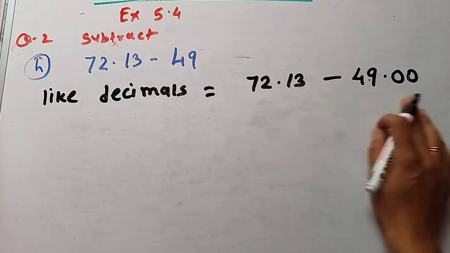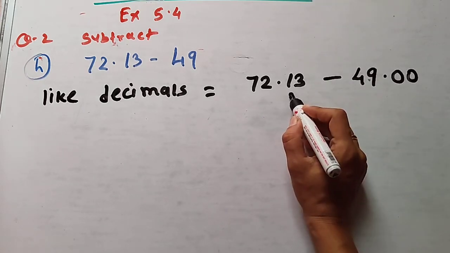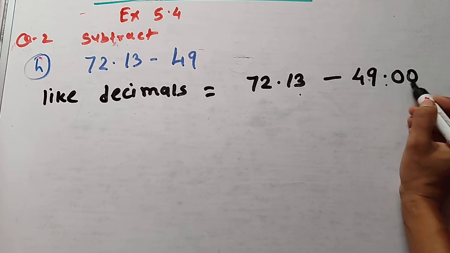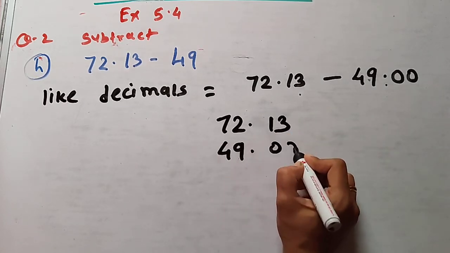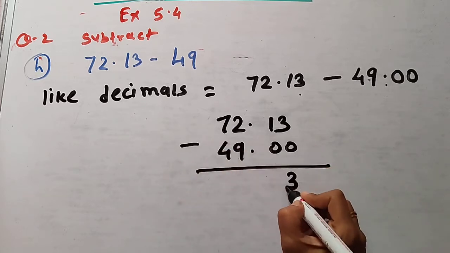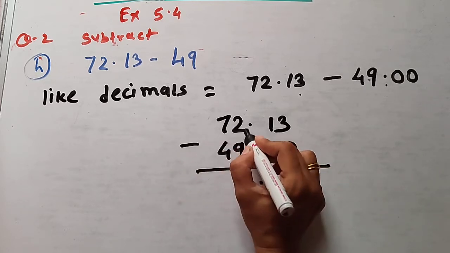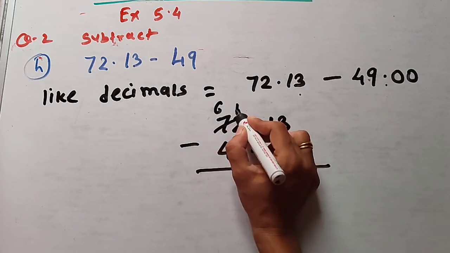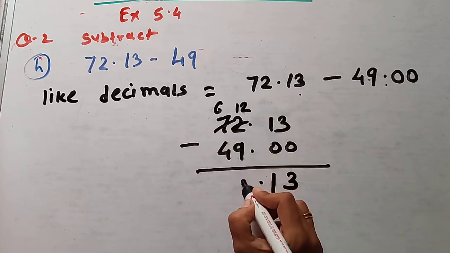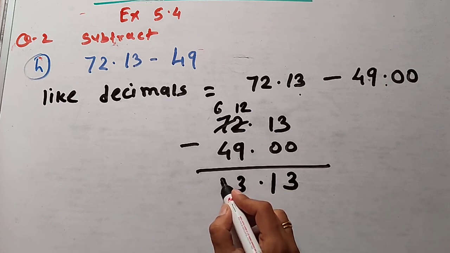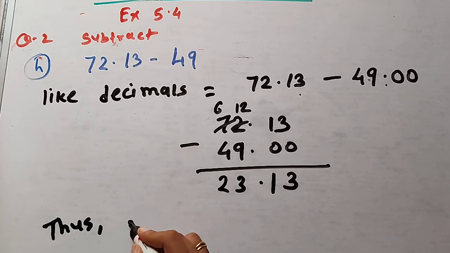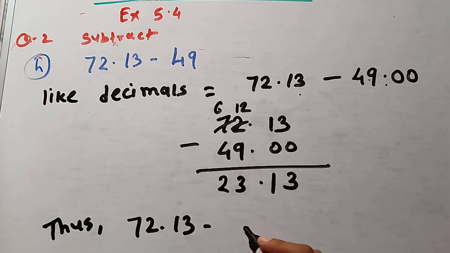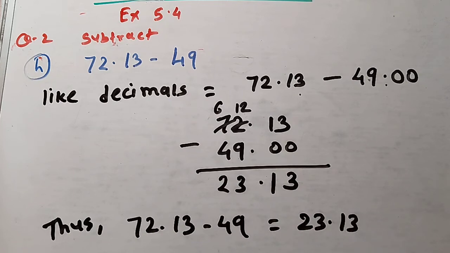Now we get both are like decimals. Now you have to subtract the numbers. 49.00. 3 minus 0 is 3, 1 minus 0 is 1, 2 minus 9 not possible, so we borrow from 7. 12 minus 9 we get 3 and 6 minus 4 we get 2. Okay, in this way you have to solve question number H. We get the answer 23.13.